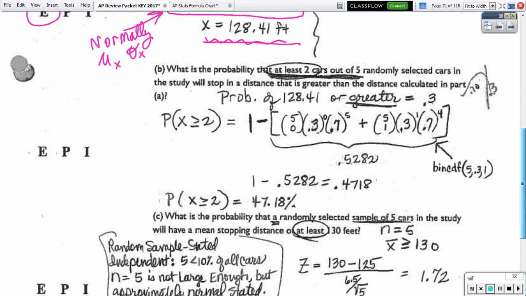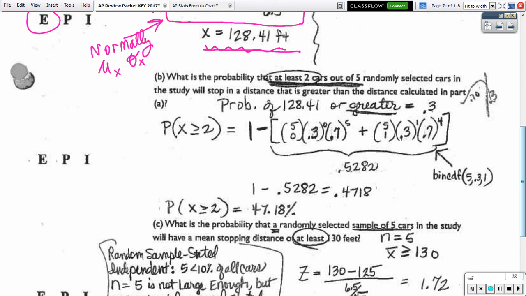All right, moving on. What's the probability that at least 2 cars out of 5 randomly selected cars will stop at a distance greater than that distance calculated in Part A? A lot of you could follow that this at least 2 out of the 5 cars was a binomial calculation, because you could have 0, 1, 2, 3, 4, or 5 cars.